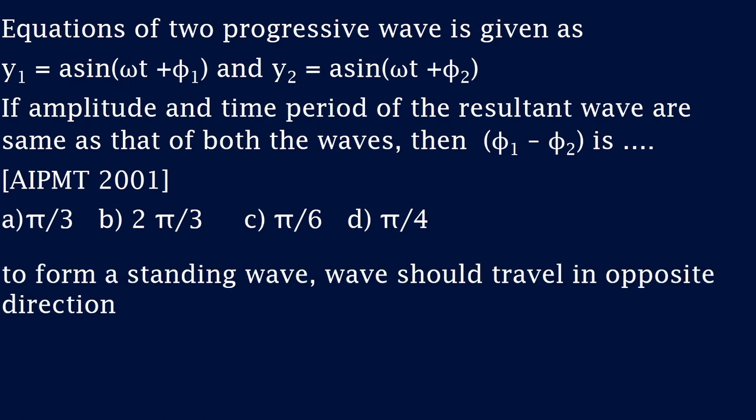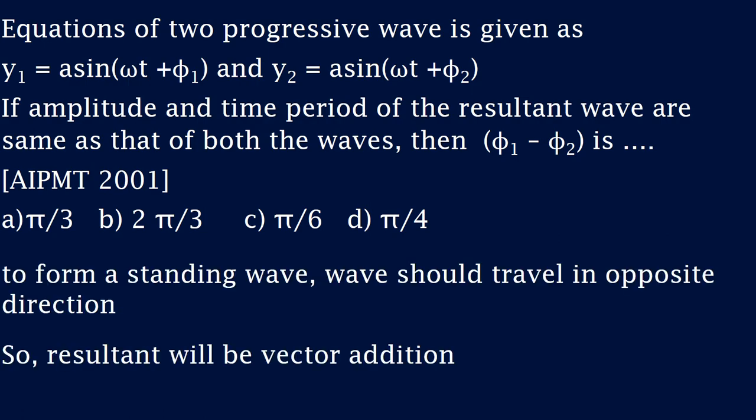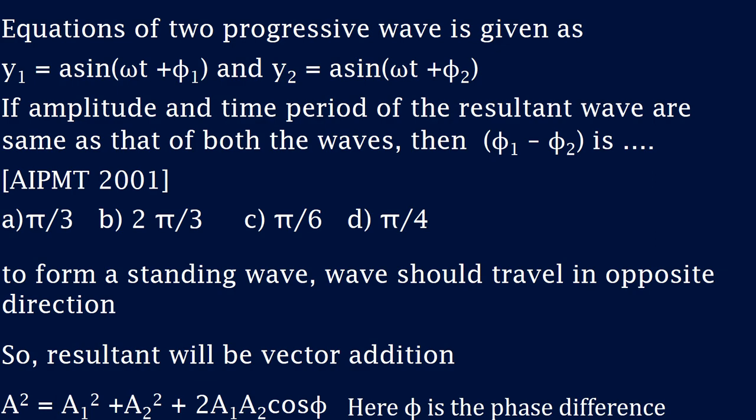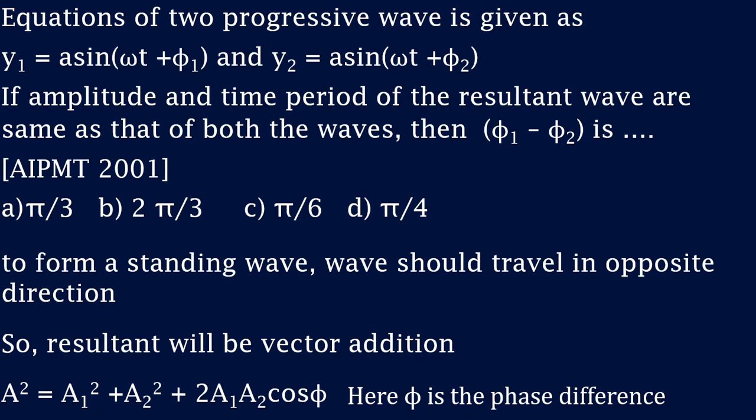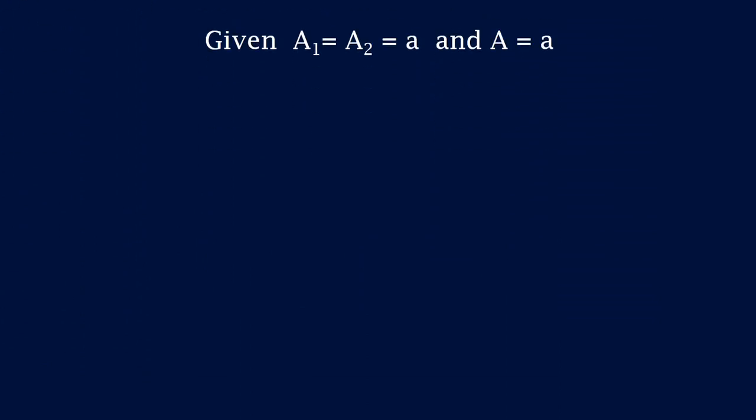In this question, the wave equation is not in the form of a standing wave as the waves are not traveling in opposite directions. So, waves will add vectorially to give a new propagating wave. The amplitude of such interference or mixing of waves is given by S² = A1² + A2² + 2 A1 A2 cos φ. Here φ is the phase difference.